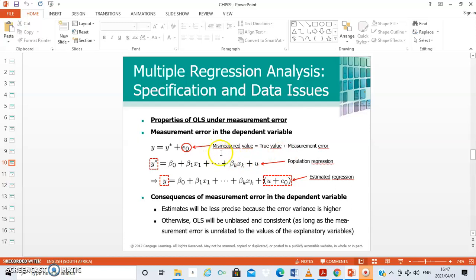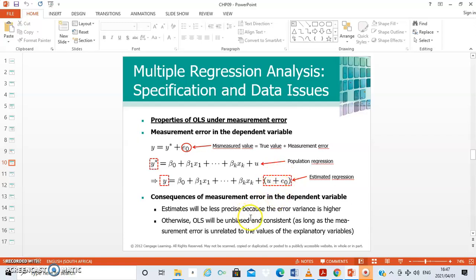If we assume that, and y star is our population regression, and this is our estimated regression, then the one that we estimate would definitely include that measurement error, and so the error term will be mismeasured.